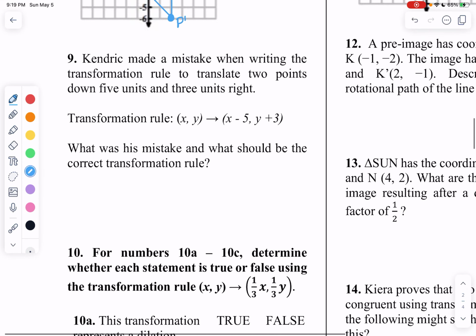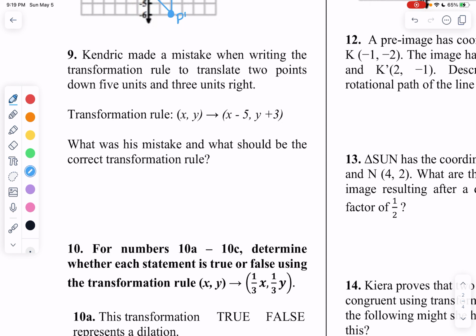All right, number 9. Kendrick, poor Drake, made a mistake when writing the transformation rule to translate 2 points down 5 units and 3 units right. So here's the rule that he wrote that was wrong. He said x -5 and y +3. What was his mistake, and what should be the correct transformation rule? Well, let's think about translations, which we talked about at the bottom, okay?